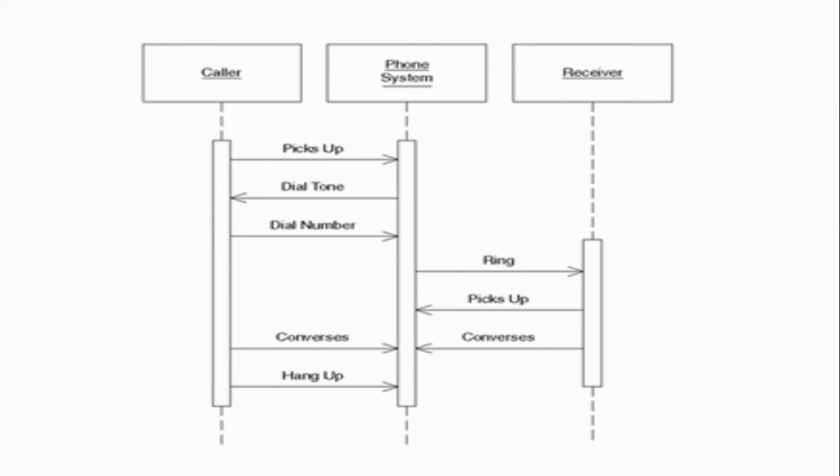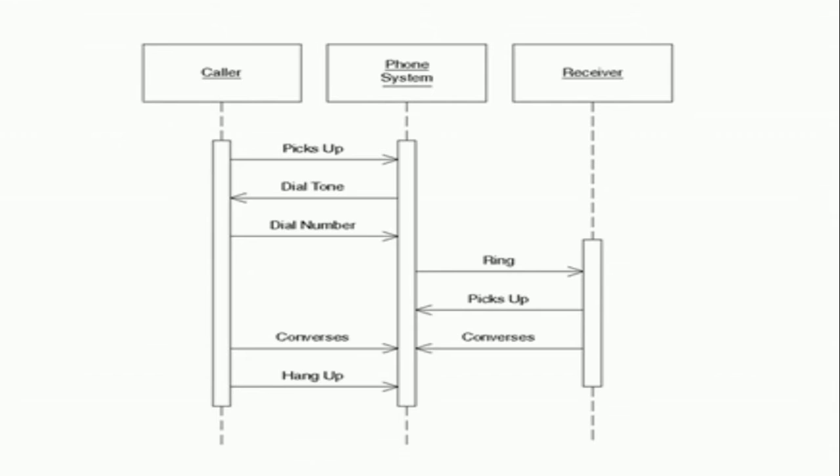After that the caller dials the number. If it is correct, then the phone system will ring the receiver. After ringing, there will be a pickup process and the receiver will start the conversation with the caller.